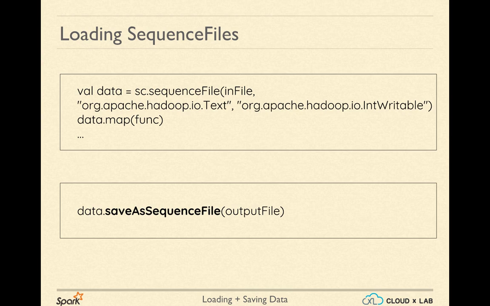The name of the file is the key and the value is the data of the file. Once we are done with loading, we can use usual transformations and a map to process. In a similar manner, we can save the sequence files using the method saveAsSequenceFile.